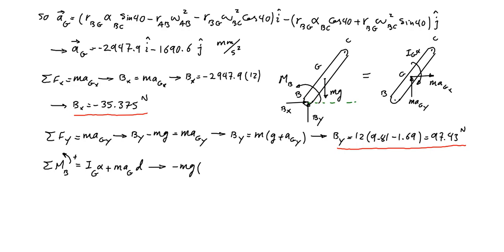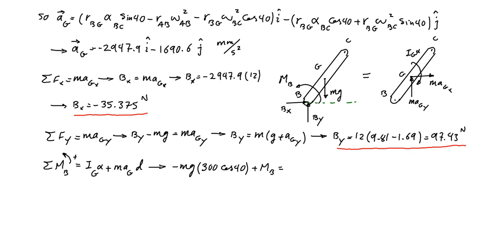This becomes 300 cosine 40 plus, well, I also have M B, whatever force I have applied at point B are gone.